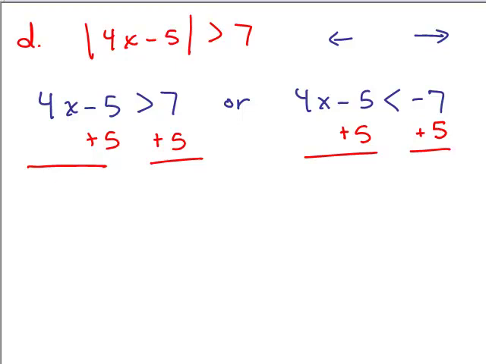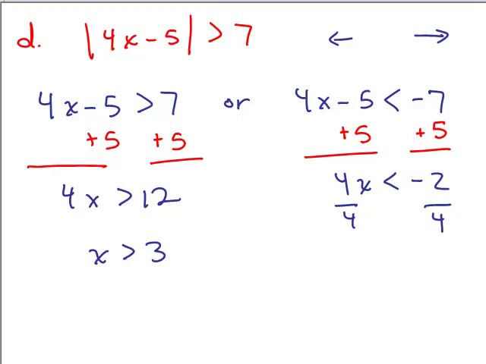On the left-hand side, that gives me 4x is greater than 12, divide by 4, so we've got x is greater than 3. And on the right-hand side, we have 4x is less than negative 2, so if you divide by 4, you get x is less than negative 1/2.